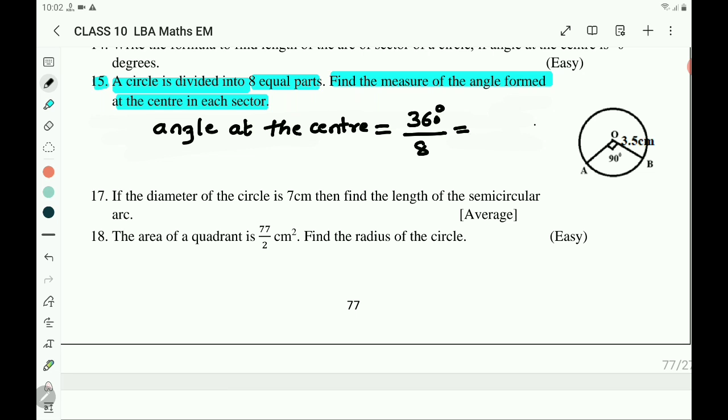That is, 360 is to be divided by 8. 8 4s are 32, 4 is remaining here. 8 5s are 40. So 45 degree. So if the circle is divided into 8 parts, the angle at the center in each sector is equal to 360 degree divided by 8, which is equal to 45 degree.